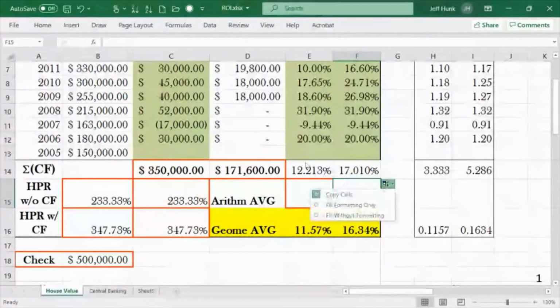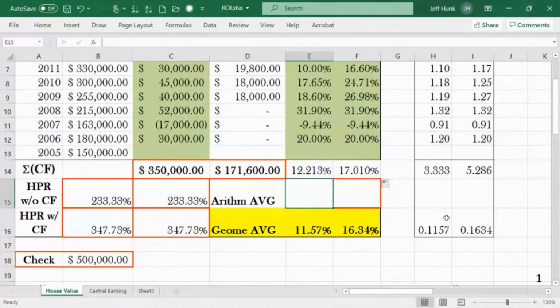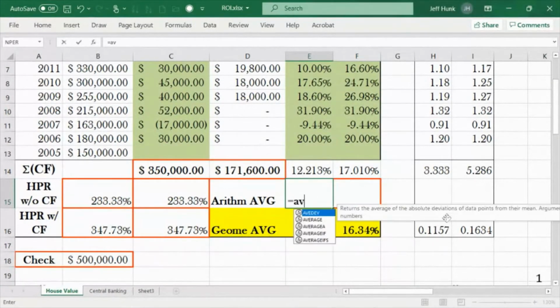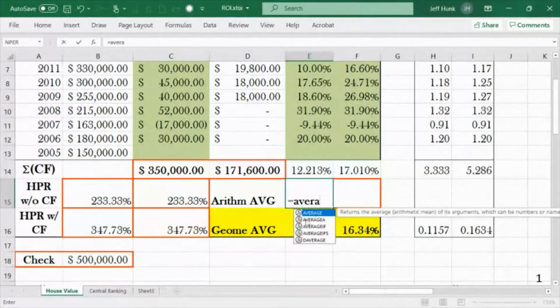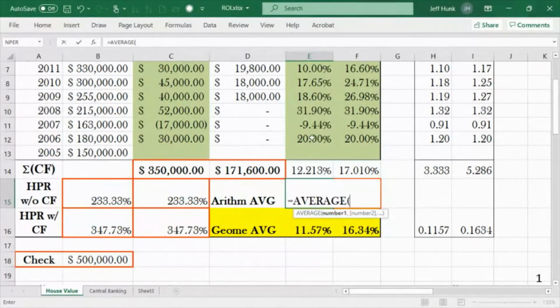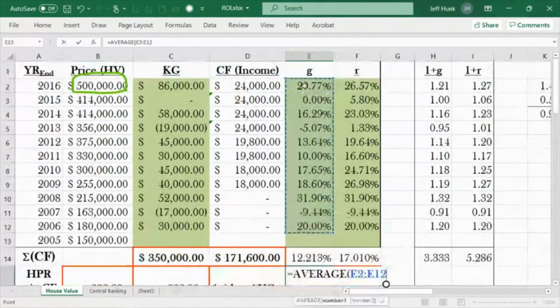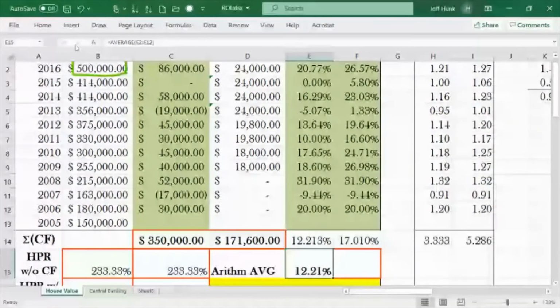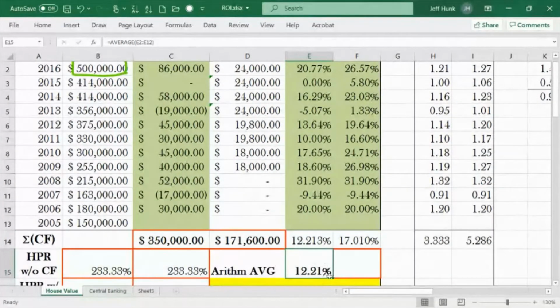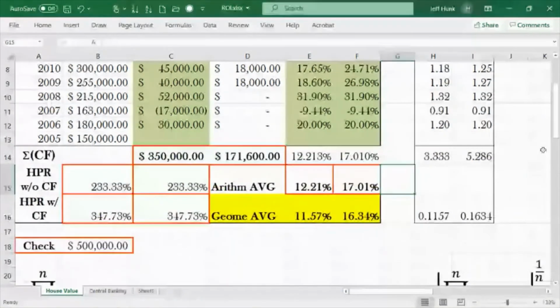But that's wrong. Also, you can use the average command. That will just give you the simple average, or arithmetic average. But again, it's wrong.